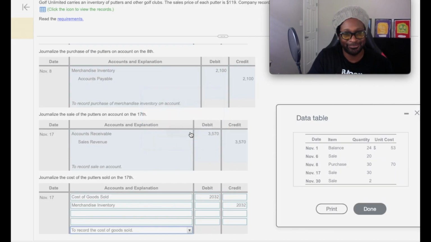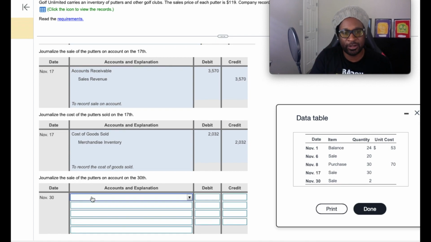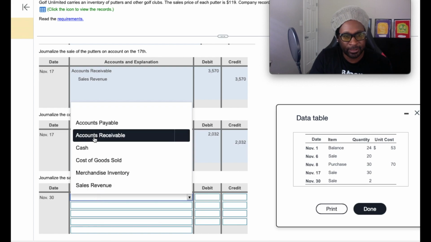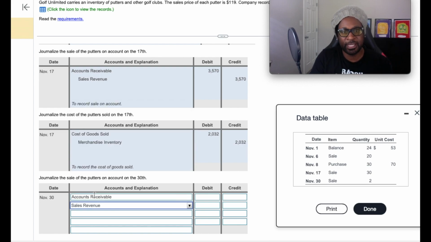Well done, gang. And last but not least, we must now journalize the sale of the 2 units from the November 3rd transaction. So, to account for revenue, we're going to debit accounts receivable and credit service revenue for the 2 units at $119 for $238.